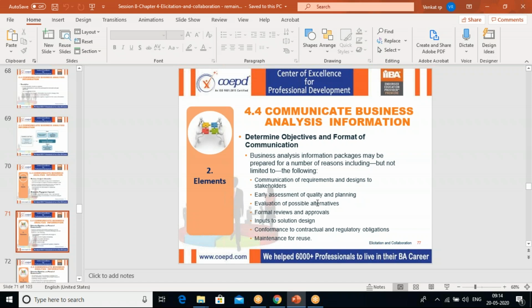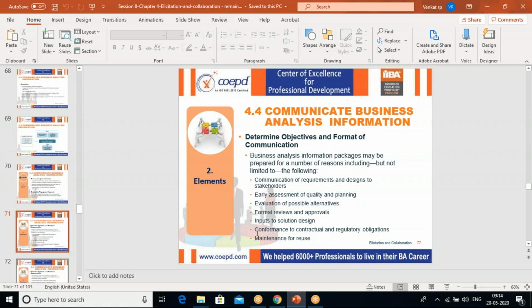What communications will we be doing? Communication of requirements and designs to the stakeholders, early assessment of quality and planning, evaluation of possible alternatives, formal reviews and approvals, inputs to design solutions, conformance to contractual and regulatory obligations, and maintenance for reuse.